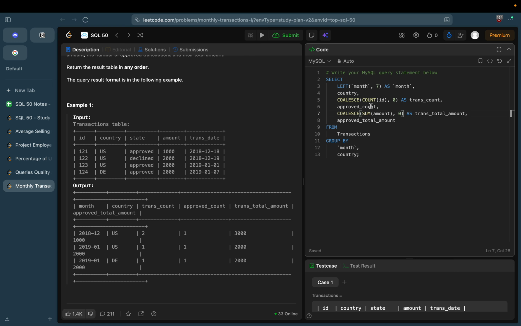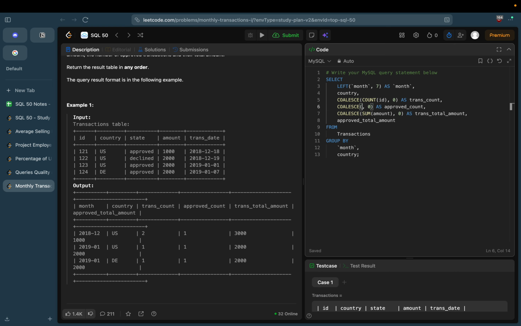Now let's move towards the conditional counts and conditional sums, that is approved count and approved total amount. It will be very similar to these two, but with an if condition as well. So giving this an alias, putting a coalesce. Coalesce is always a good practice in programming. So I need to count things according to a condition, and we have seen this in the previous question as well.